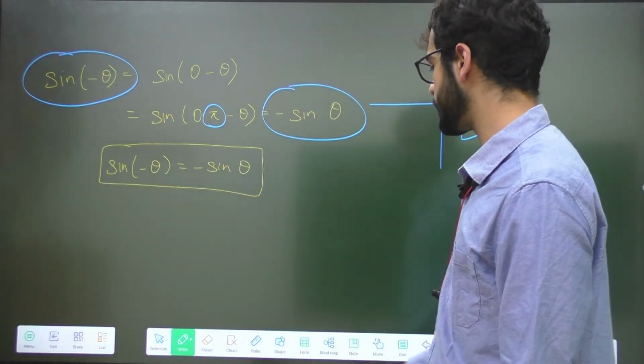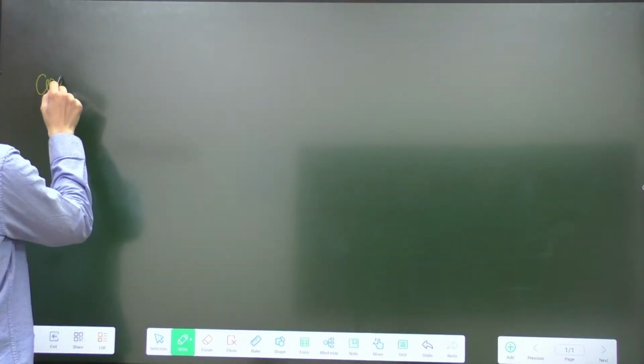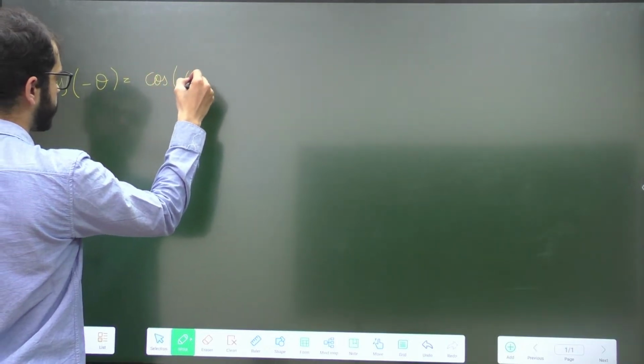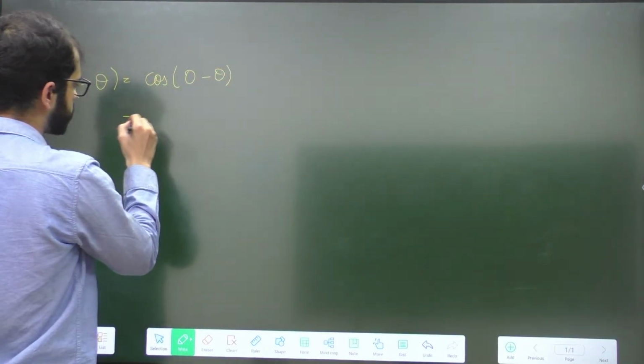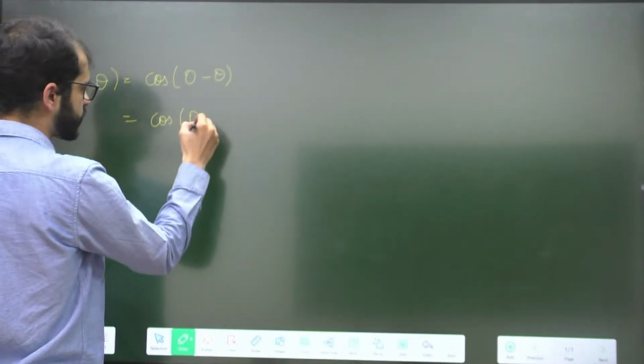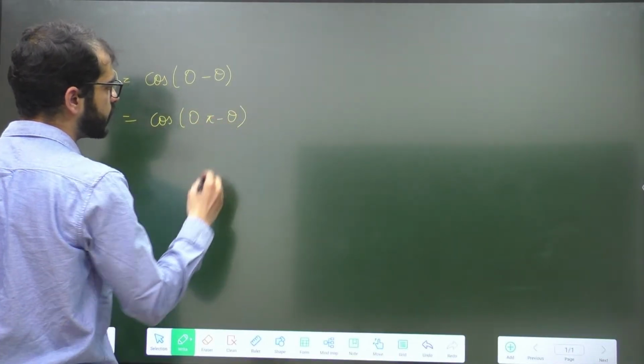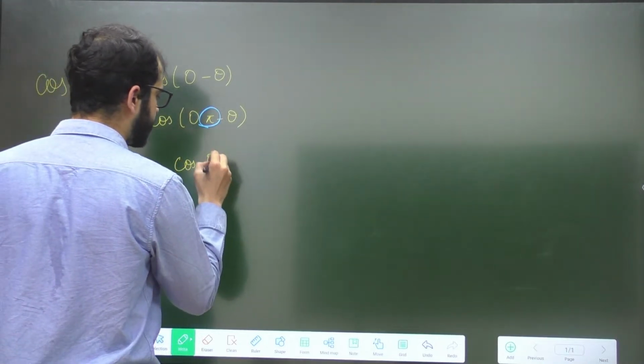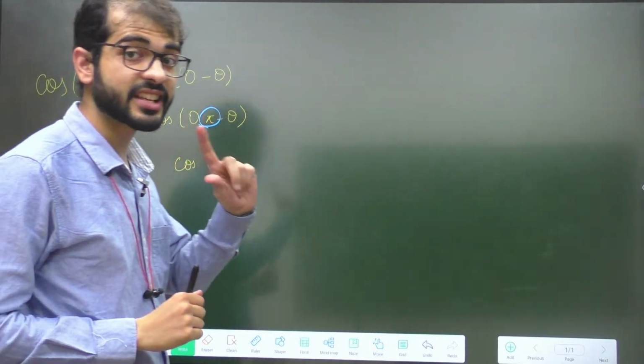Now let's discuss the same thing for cos. If I ask you to find the value of cos of minus theta, then this can be written as cos of 0 minus theta. 0 can be written as 0 into pi minus theta. Since it's a multiple of pi, cos will remain cos theta. Now let's observe the signs.